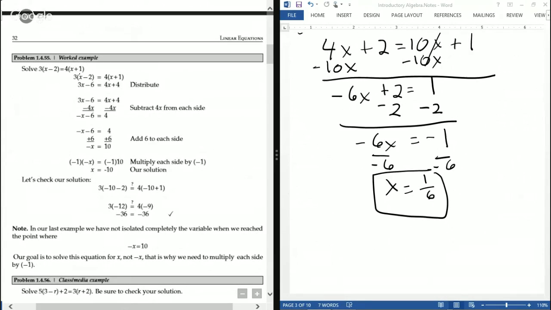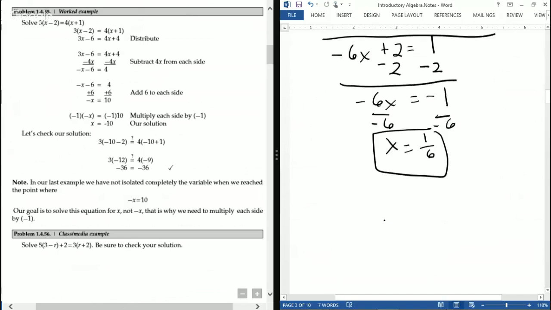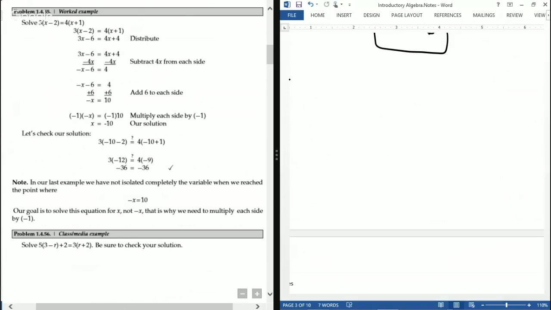Now it appears they're starting to get a little bit more complicated. Not only do we have variables on both sides, we have an x term here and an x term there. It appears to be unsimplified. We have to utilize the distributive property in order to multiply these things out. So let's go over this together.